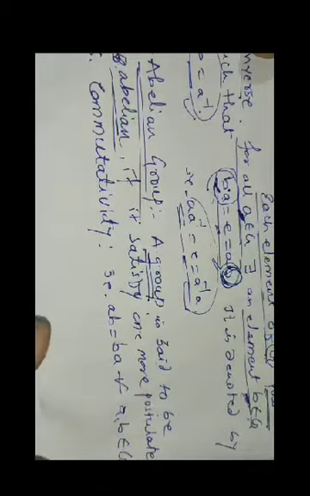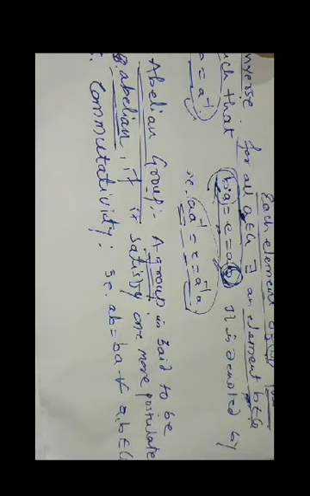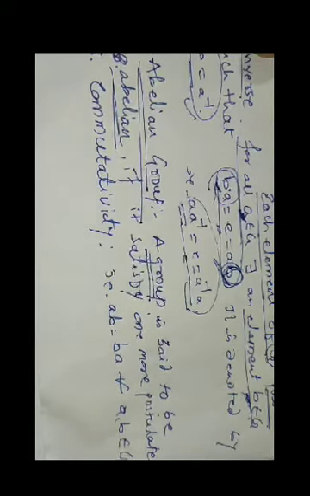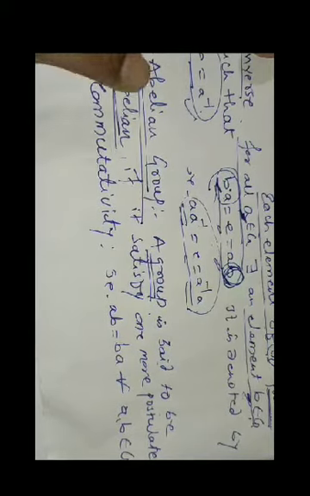Also, students, a very important concept is the abelian group. What is meant by abelian group? A group is said to be abelian. So what is a group? A non-empty set G with the binary operation dot satisfying four postulates, then that non-empty set G is said to be a group. And what is meant by abelian group?